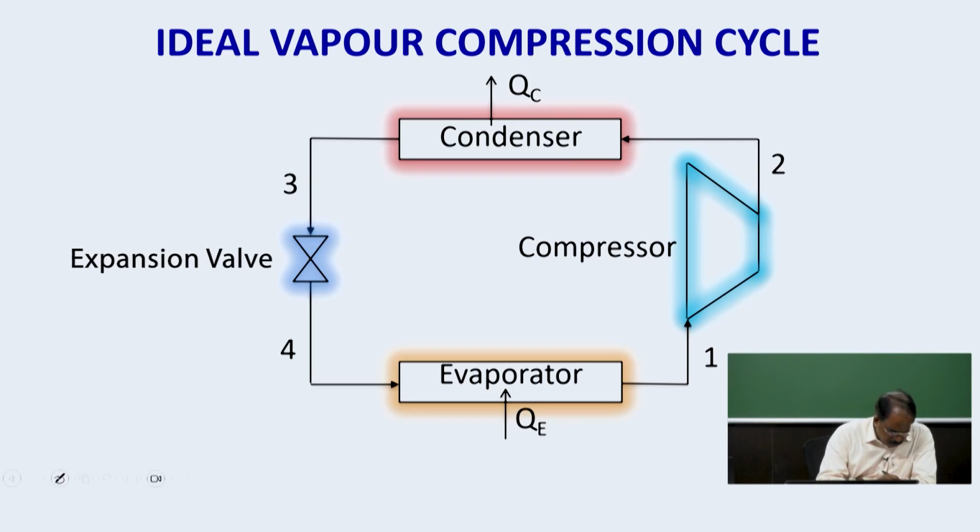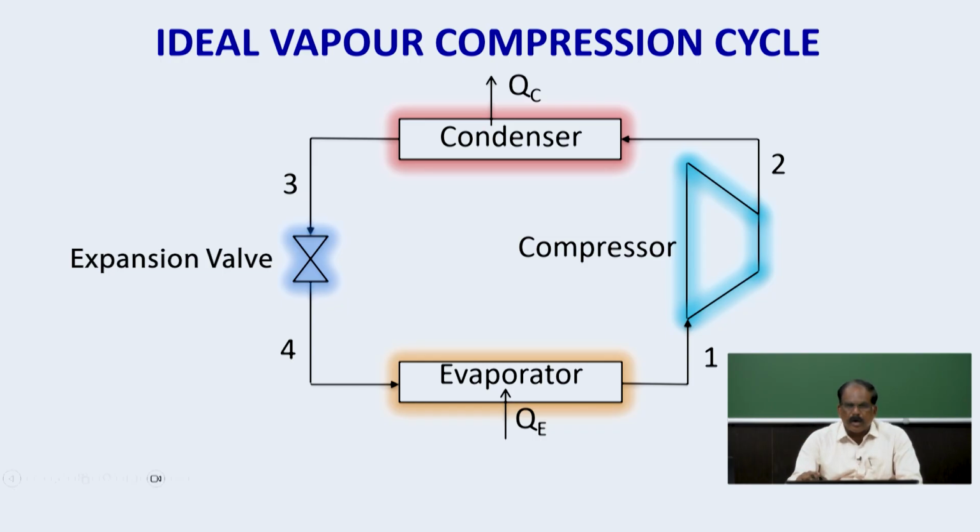Process 2 to 3, if you see in the diagram: the refrigerant enters the compressor as low pressure, low temperature at the inlet of the compressor. The compressor raises the pressure and temperature to condenser pressure.